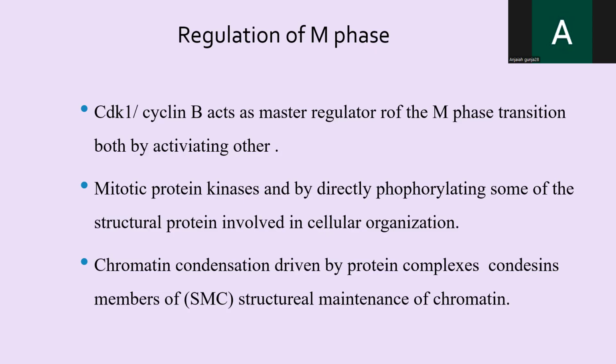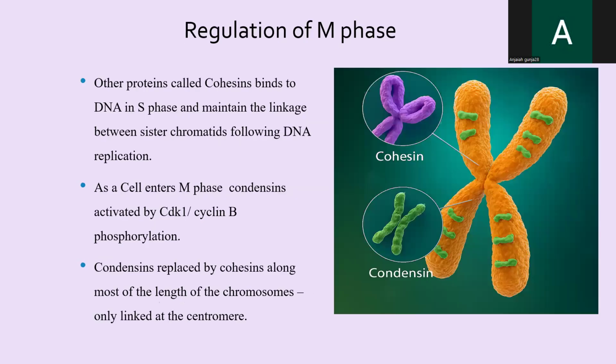Chromatin condensation is driven by protein complexes. Two complexes are there: condensins and cohesins. These condensins and cohesins play a very important role in chromosome condensation and separation. They are members of SMC, which means structural maintenance of chromosomes. We see in the next slide how these cohesins and condensins work.